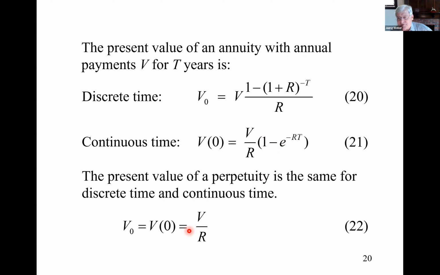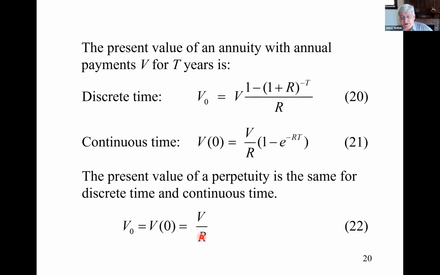Now we will derive those formulas again in this tutorial. You quite easily see that 22 follows from 20 and 21. If T goes to infinity, you have a power that approaches infinity, and it's negative. So this disappears, this becomes 0, and I'm just getting v divided by r.